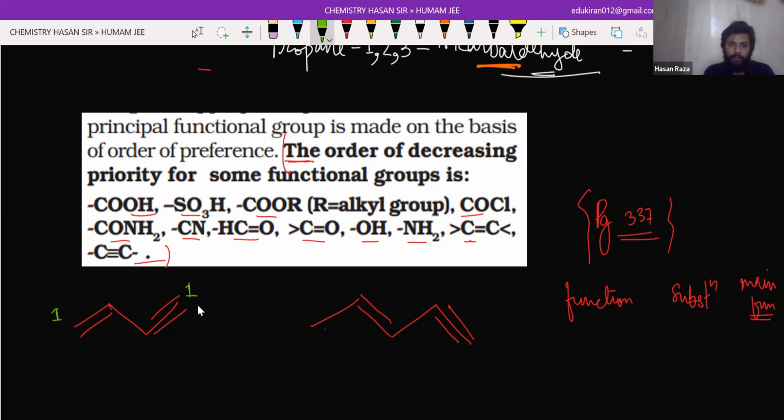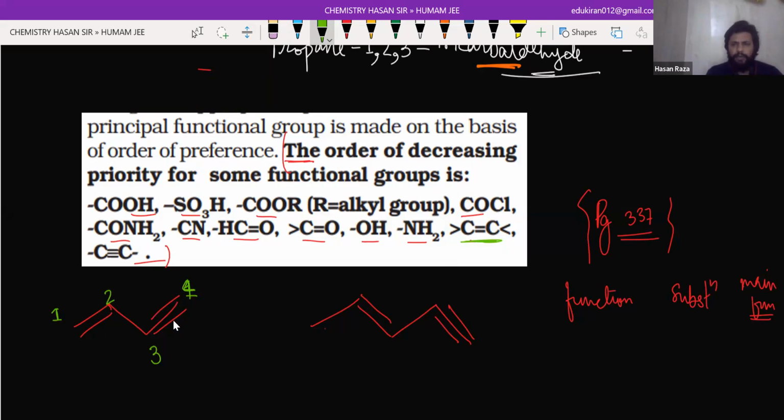And if you do it from the right, you will get triple bond, right? So in this case, you are going to give preference to double bond. So we go left to right: 1, 2, 3, and it will be 4. Yes or no?